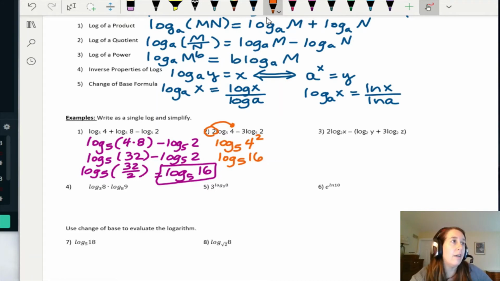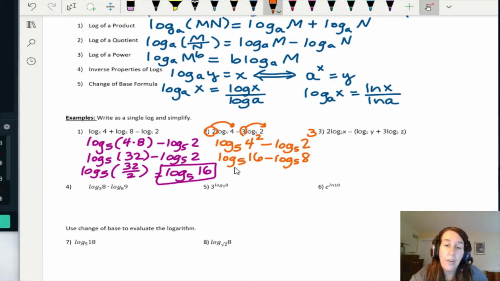Now let's do the same thing with this 3. So we still have minus, and then that's log base 5 of 2 raised to the 3rd power. So that 3 becomes the power. And then, of course, that is log base 5 of 2 cubed, which is 2 times 2 times 2, so 8.